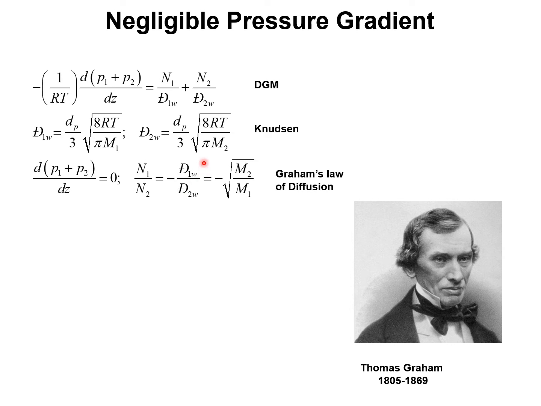And in view of the Knudsen prescription, this is inversely proportional to the square root of the molar masses of component 2 to the molar mass of component 1. This is the Graham's law of diffusion that was derived by Thomas Graham, the Scottish chemist.